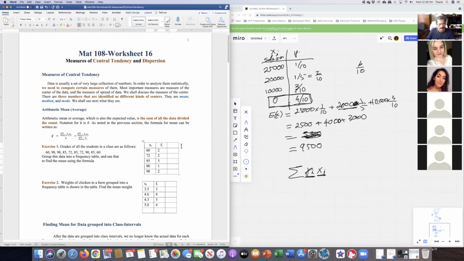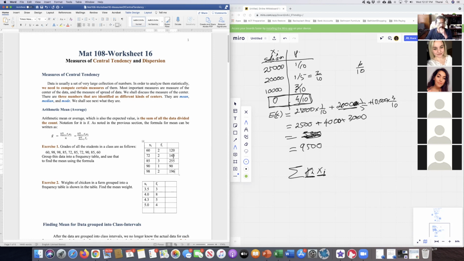Okay, so there are two 60s basically. So we write the product of fixi. I'm not writing the title there, but fixi. 120 here, right? 120 and 144, 255, 90 and 196.